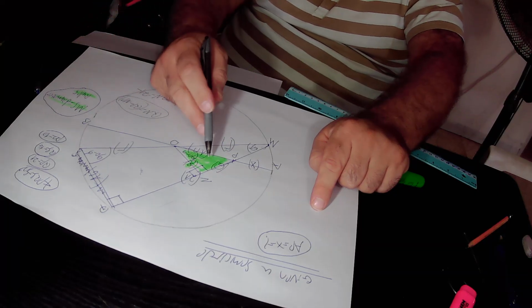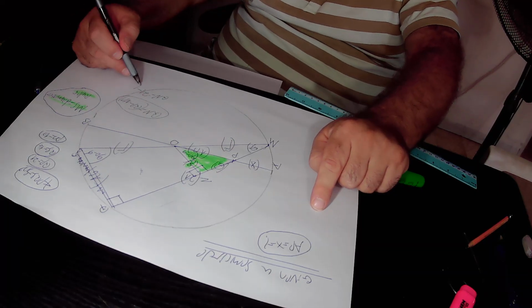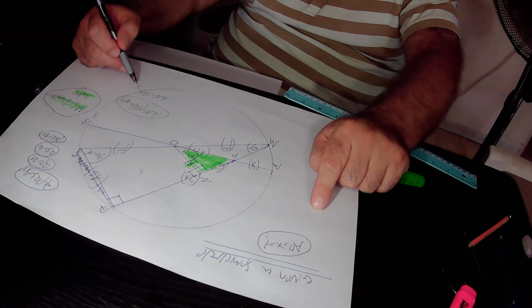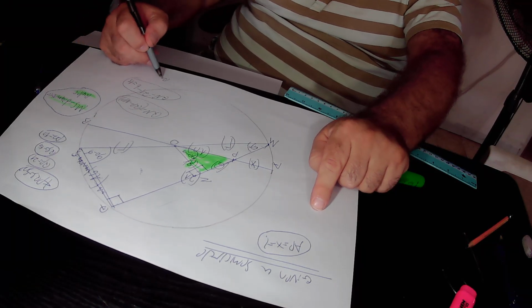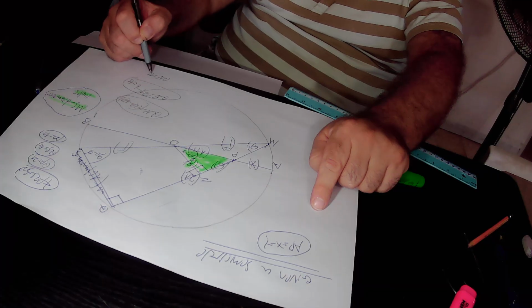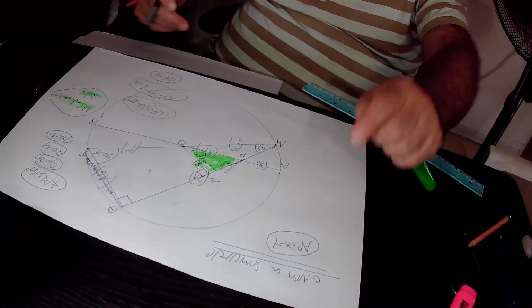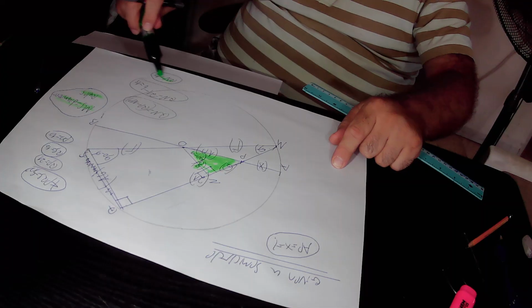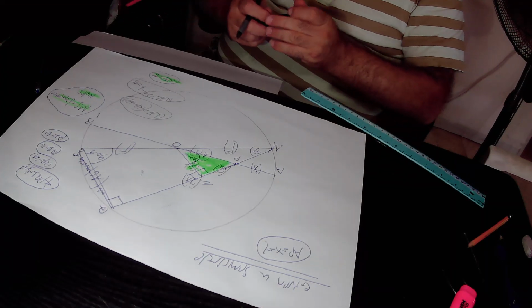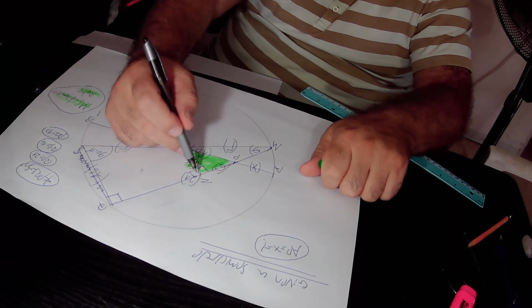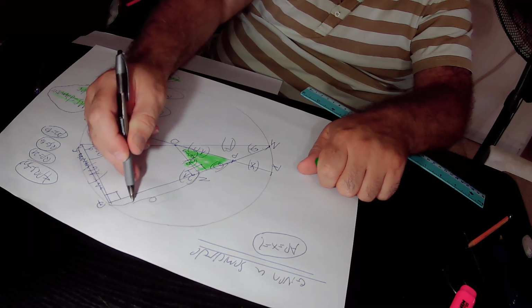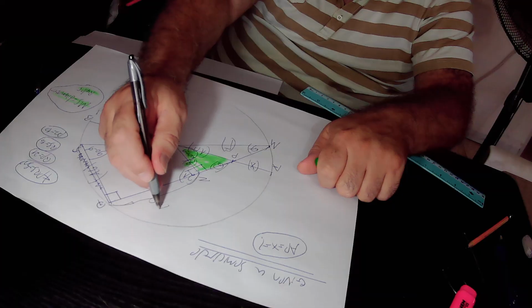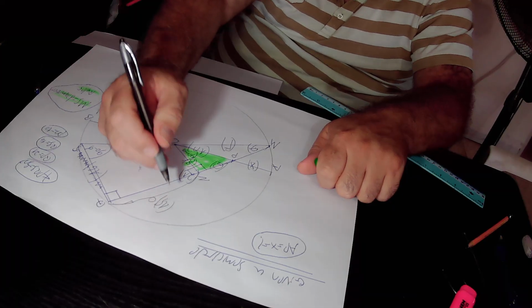We just found that NP equals 6. So in total QN equals 21 minus 6, that is 15. QN equals 15 units in length. This is the missing side QN, that is equal to 15 units in length.